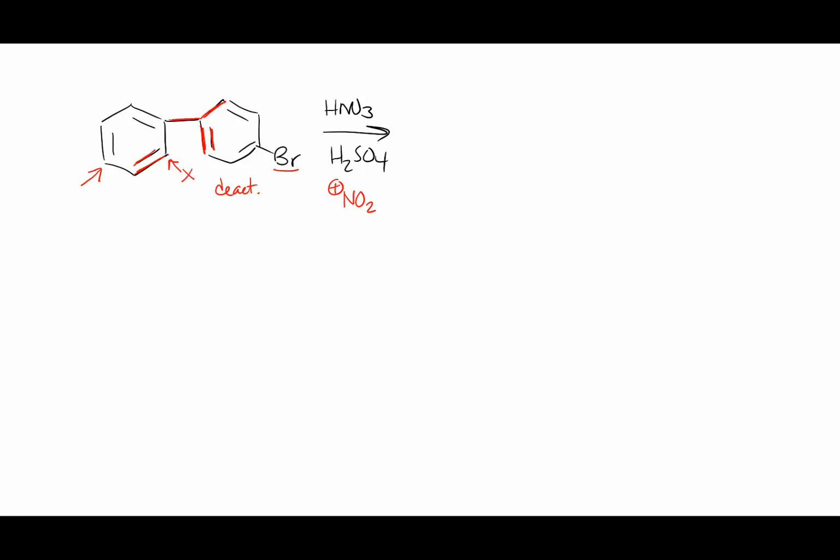It's not going to add in this position, because if you wrote out the structure of this molecule, which is actually called a biphenyl, that position is very sterically hindered. And so we would just actually get the para. We would just add the NO2 group to the para position.